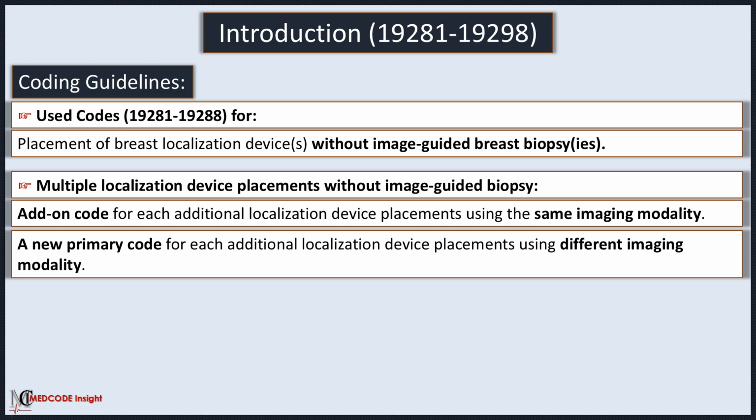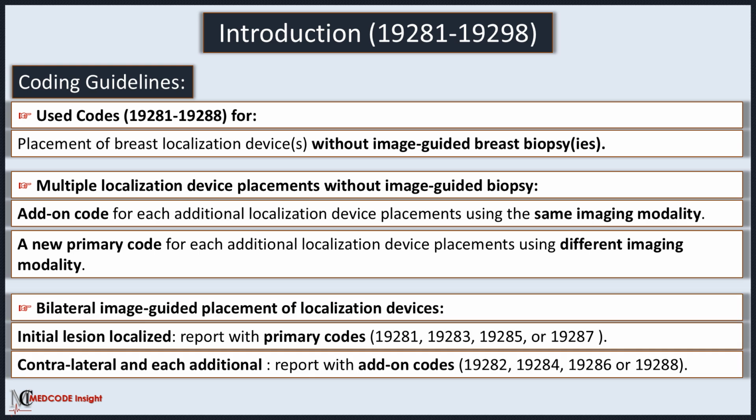If using a different imaging modality, report a separate primary code for each additional localization device placement. To report bilateral image-guided placement of localization devices, report the primary code for the initial lesion localized. The contralateral and each additional breast image-guided localization device placement are then reported with add-on codes.